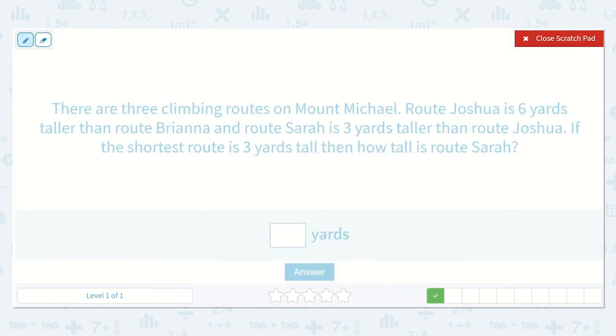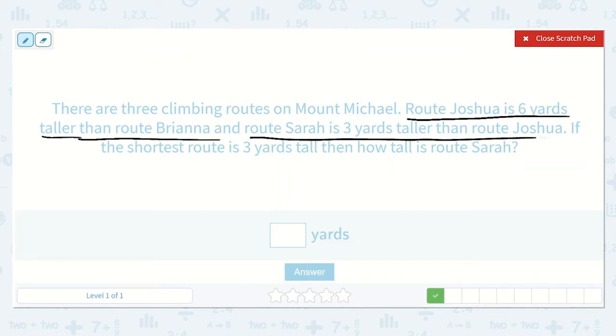Okay, there are 3 climbing routes on Mount Michael. Route Joshua is 6 yards taller than Route Brianna. And Route Sarah is 3 yards taller than Route Joshua. If the shortest route is 3 yards tall, then how tall is Route Sarah?